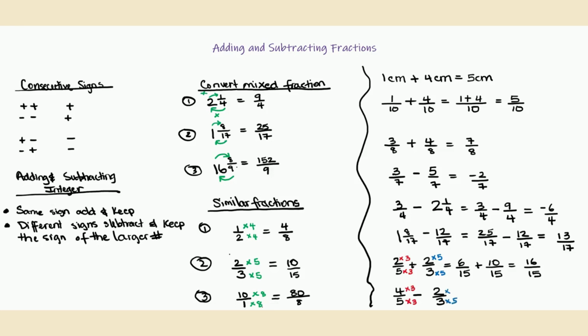And then we'll multiply this fraction by 5. 4 times 3 is 12, and 5 times 3 is 15, minus 2 times 5, which is 10, over 3 times 5, which is 15. Now 12 minus 10 is 2 over 15.